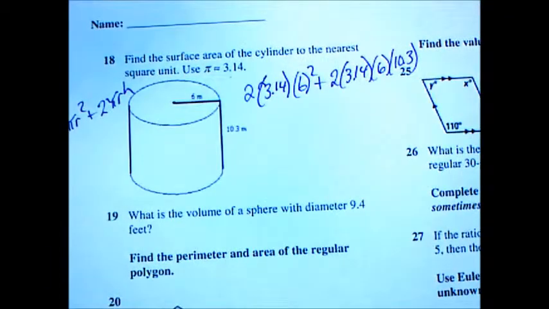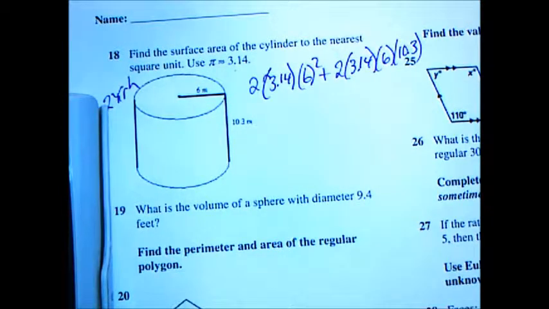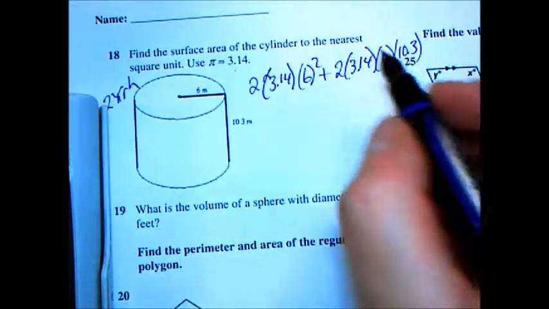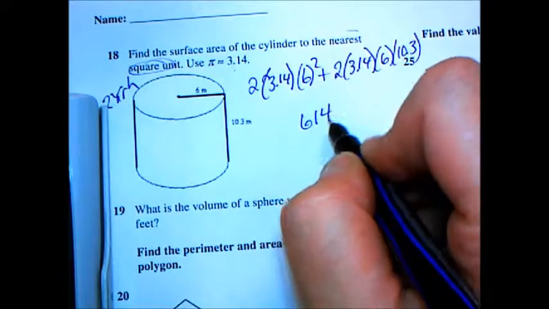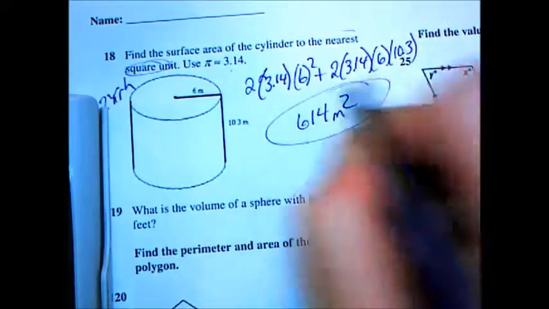I'm going to put that all in my calculator. And then they want the nearest square unit, so that would be 614 meters squared.